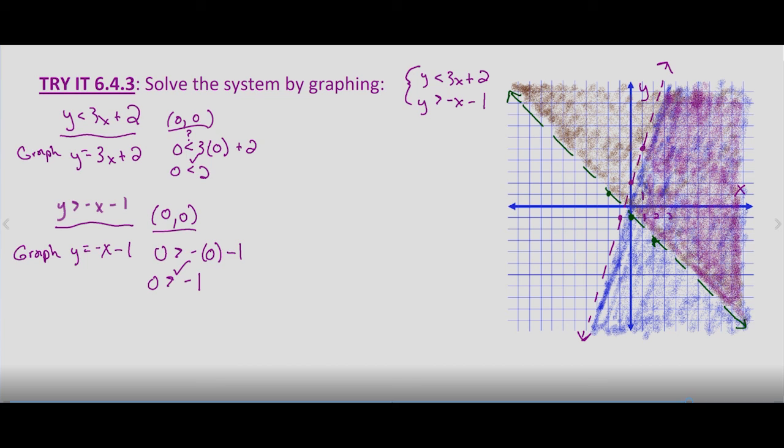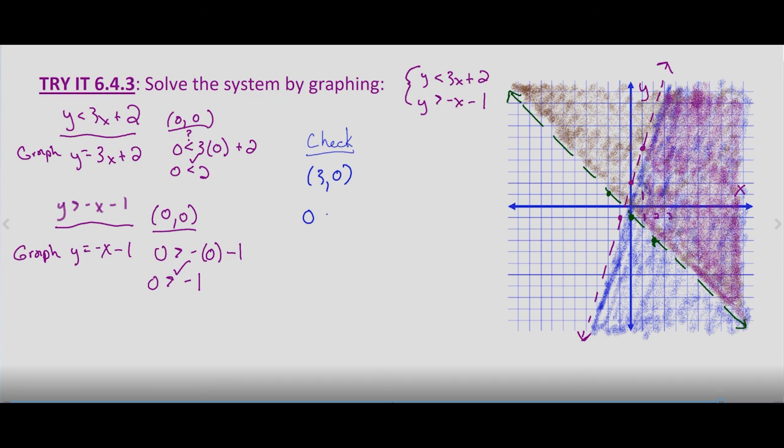And then how do we test whether or not this is right? How do we know whether or not this is the correct solution, the shaded region over here? Well, we can check by testing a point inside this area. So (3, 0) is inside this shaded area. So let's test the point (3, 0) in both inequalities.